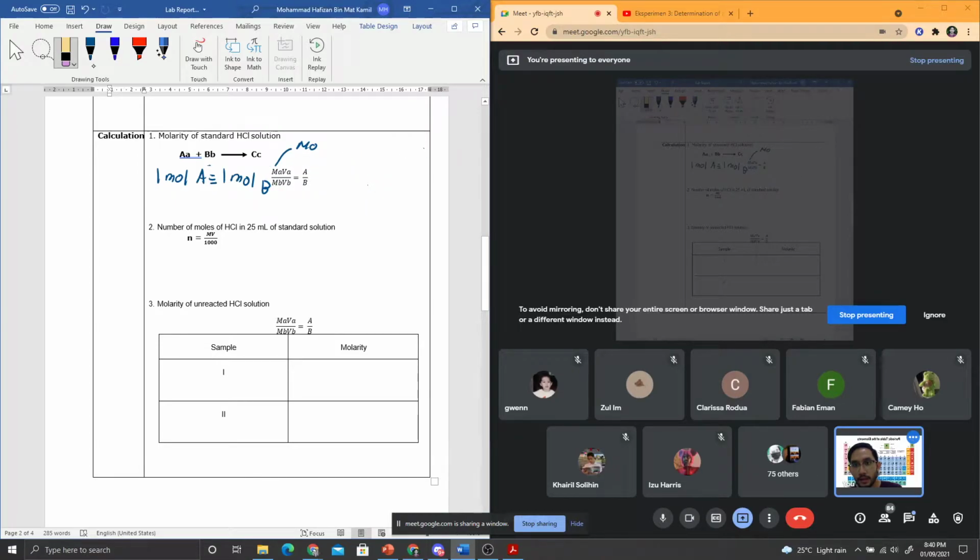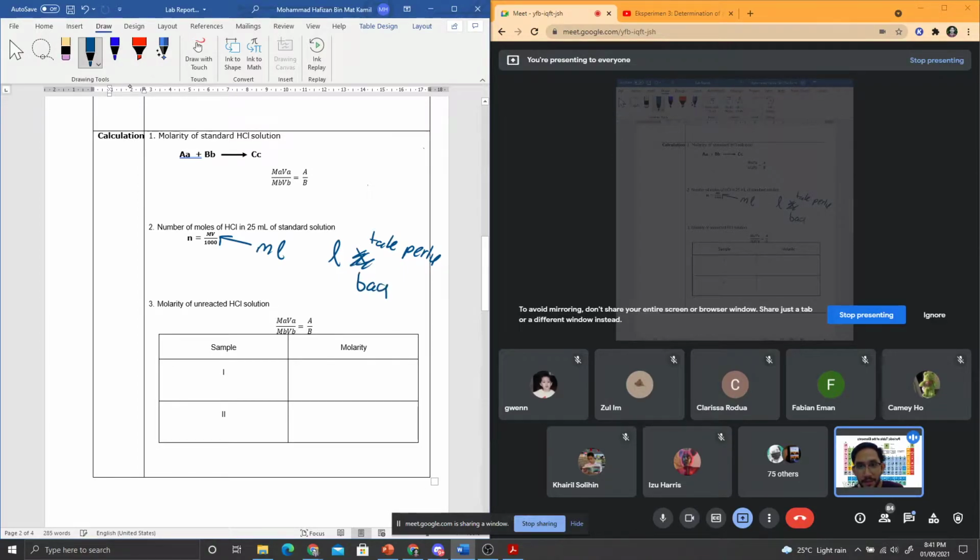So and then cara nak cari mole daripada molarity darab volume, you bagi 1000 given that kita punya volume is in milliliter. Kalau kita punya volume is in liter, kita tak perlu bahagi 1000.